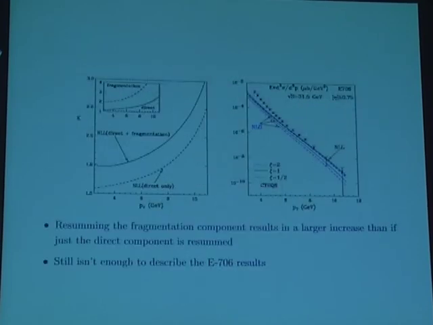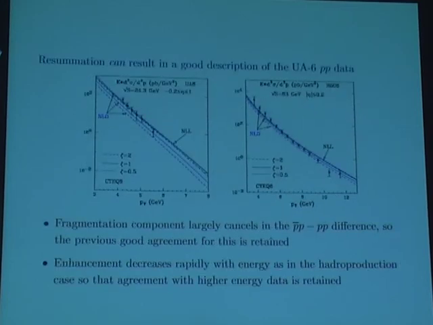Here's another way of plotting it. This is a K factor, and you see that it's actually getting to be quite large at large pT, going up to 2.5 or even 3. And so it gives you a significant increase, not enough to describe all of the data points in this particular plot, which was from E706.